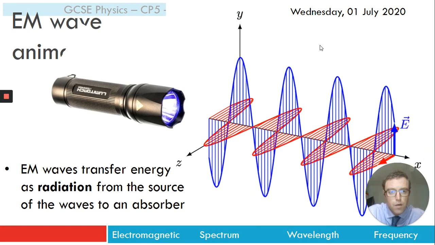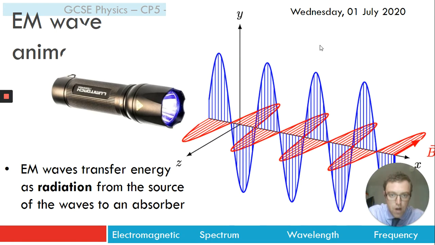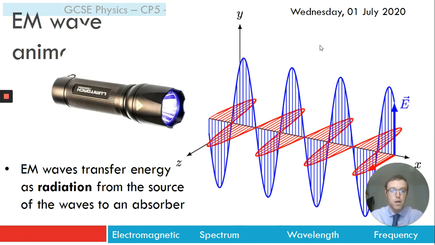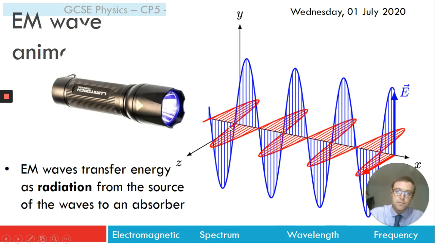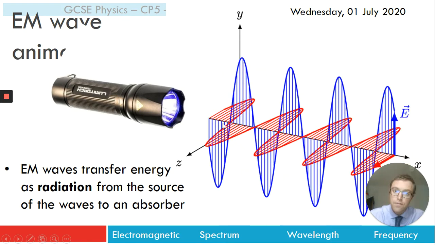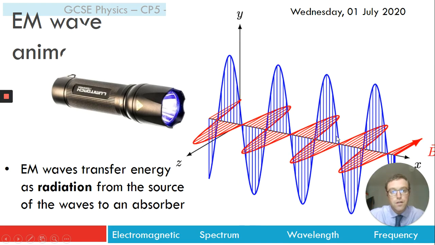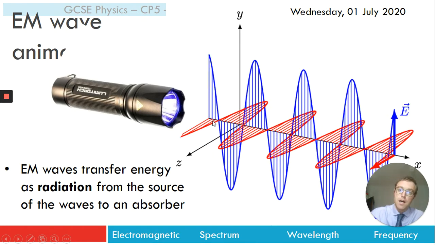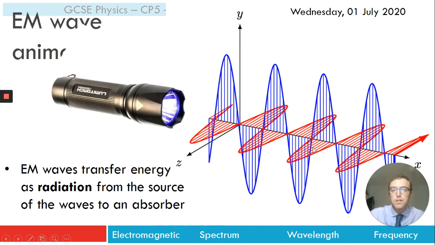This is like we've zoomed in very, very close to the light beams which are passing out of the torch. What can we see? We've got two fields. We've got vibrations or oscillations in two fields at right angles to each other. I know that's quite confusing, but don't worry about it. We don't need to know too much about the oscillation of these two fields.